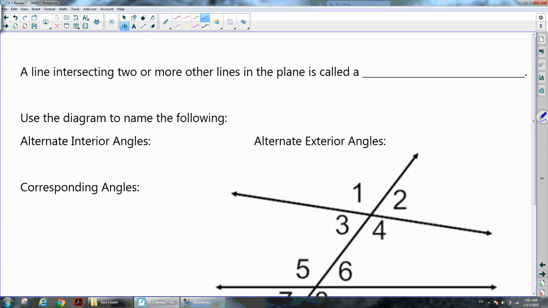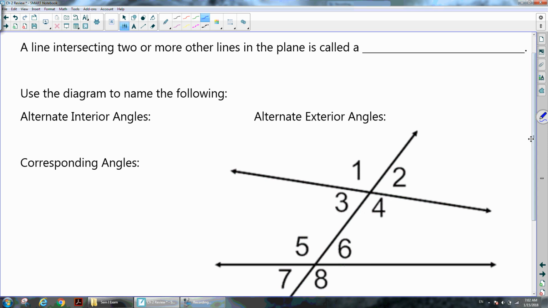Then in this diagram below, if we have a line that intersects 2 or more other lines in a plane, this is called our transversal. So there it is in blue.